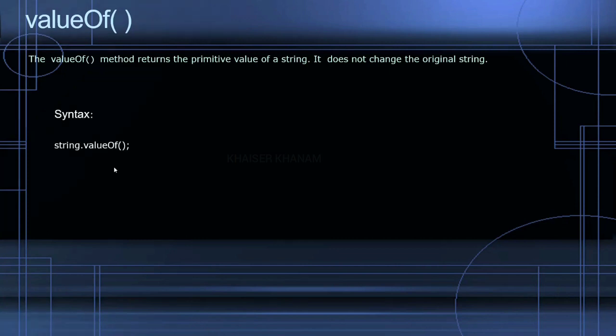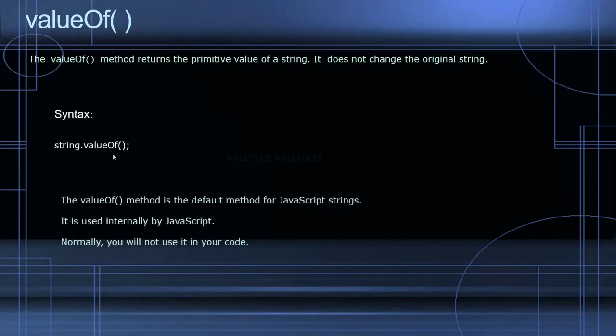Now this is the syntax. They will not be taking any parameters, and these are default methods in JavaScript strings. So for displaying the string data, you don't have to use the valueOf method or the toString method. This method comes under strings, so I have just told you.